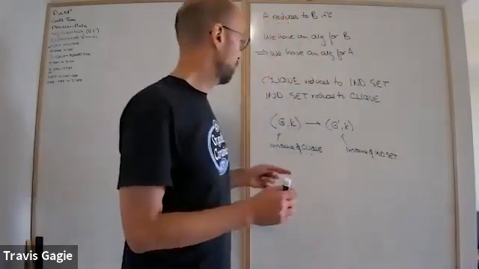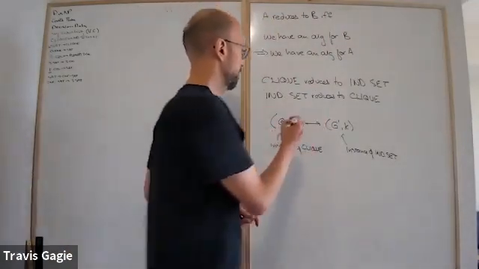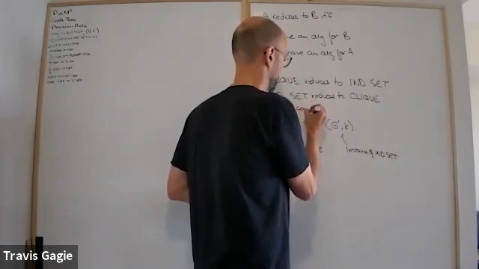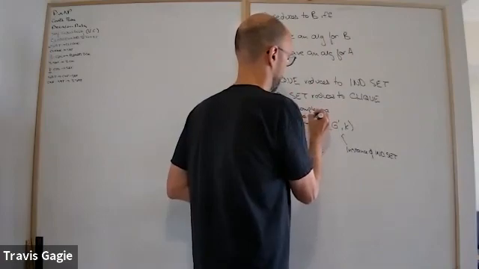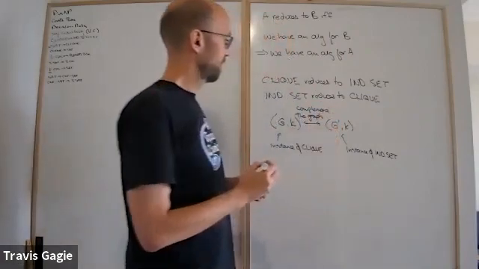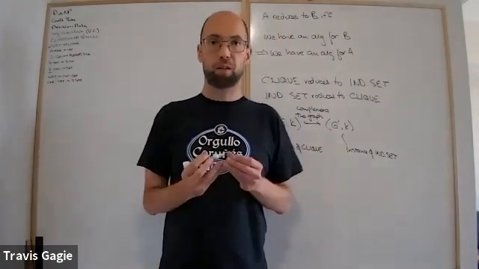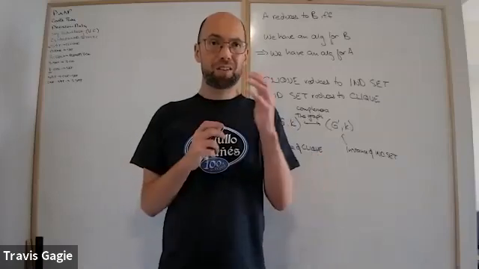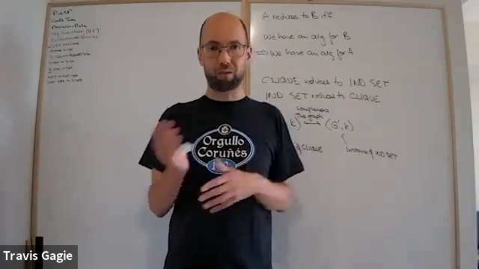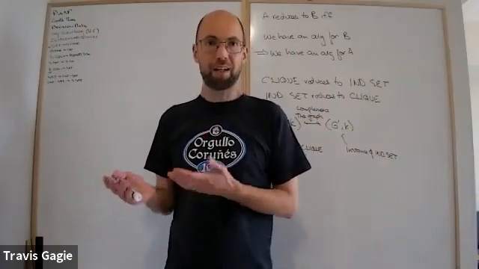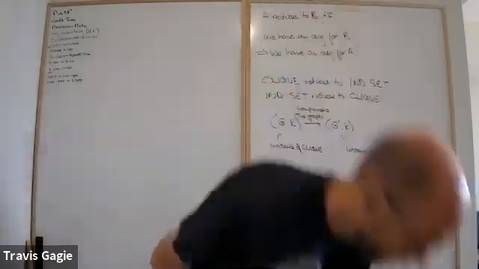So we can do this either way. You should see that if you have an algorithm for independent set, it means you also have an algorithm for clique. If you have an algorithm for clique, you also have an algorithm for independent set. Any questions?